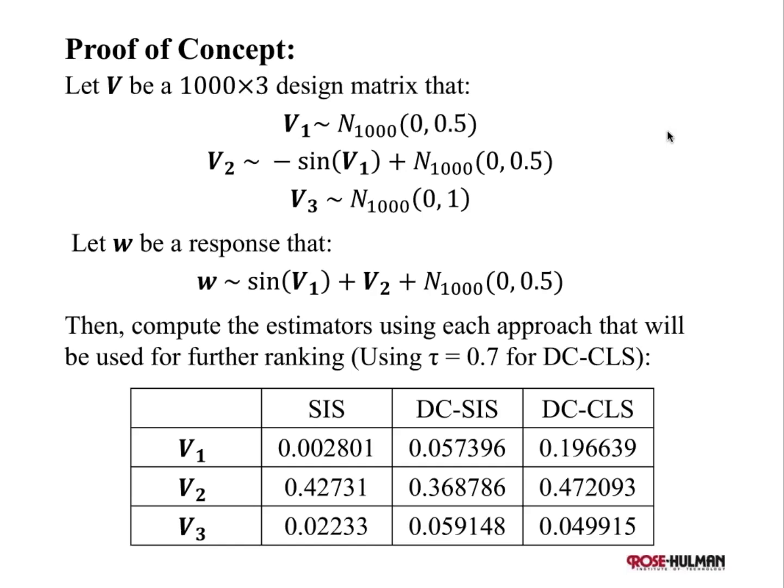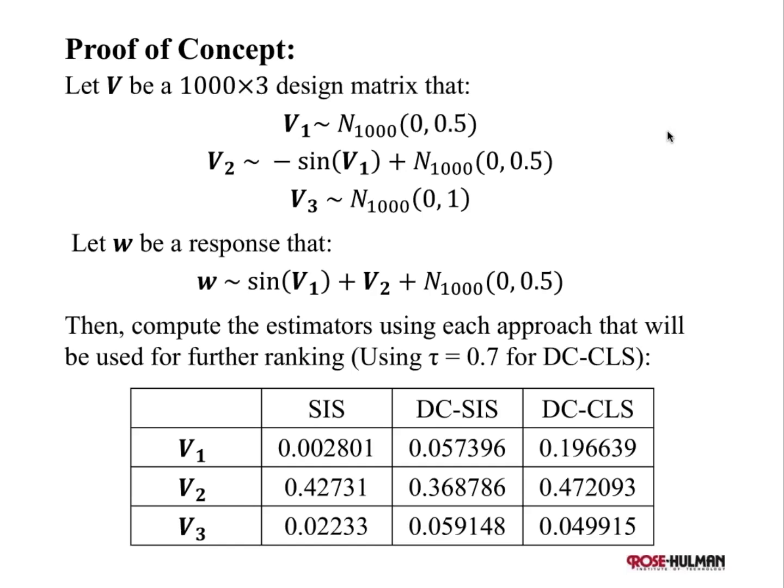The second column is strongly correlated with the first column, by taking a negative sign function on the first column and adding a normal distribution centered at 0 with standard deviation of 0.5. The third column is just another random variable following a normal distribution. And then let the response be strongly correlated with the first column and the second column.